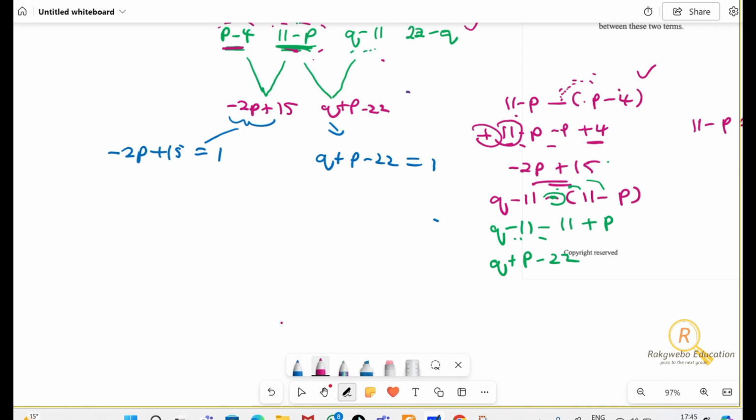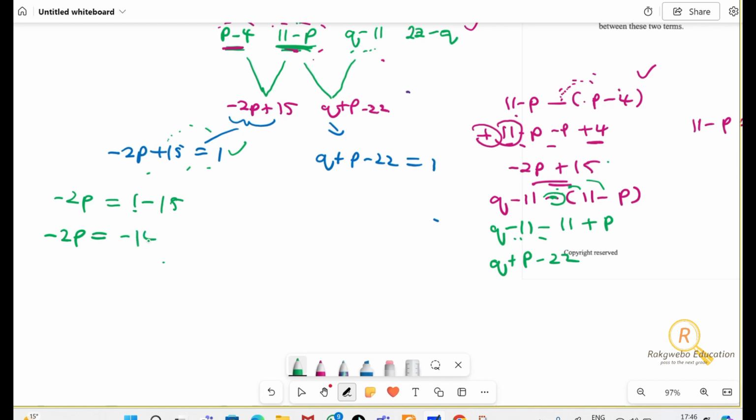This one is pretty obvious, because we can solve for P here. The first thing you do, we take the 15 to the other side, it becomes negative. Then on the left hand side we have minus 2P. On the right hand side we have what is 1 minus 15? Negative 14.